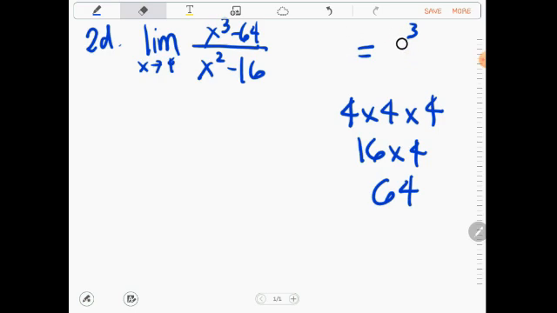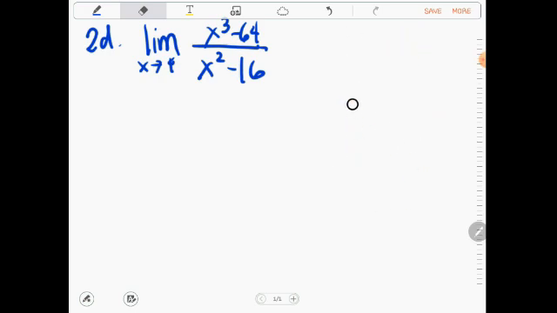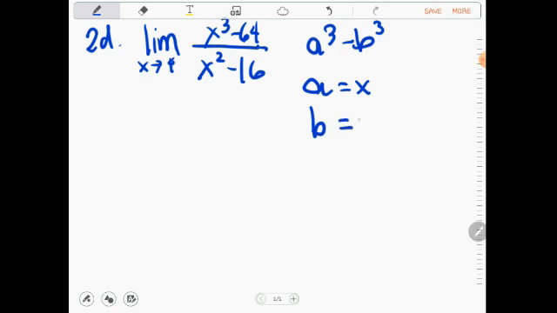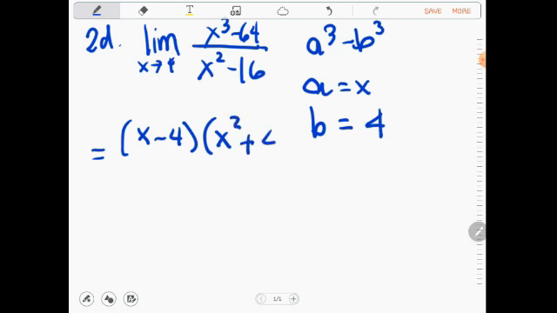Meaning, in this case, yung ating a, kung ipapattern natin siya doon sa ating a cubed minus b cubed, yung ating a is equals to x, while yung ating b is equals to 4. Okay? So, therefore, yung ating numerator would be equals to x minus 4 times x squared plus 4x plus 16.